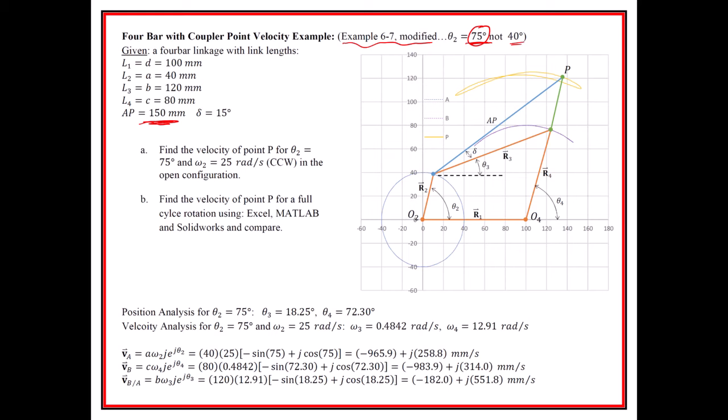So we could have a point of interest, P. Now I've changed this to 150 millimeters, and I've changed this angle right here, just so that I could get a more interesting curve. My goal is to find the velocity of point P at this configuration, at theta 2, when omega 2 is 25 radians per second.